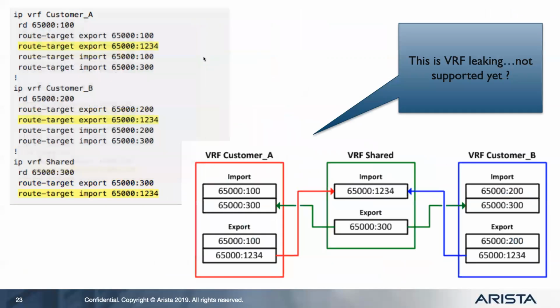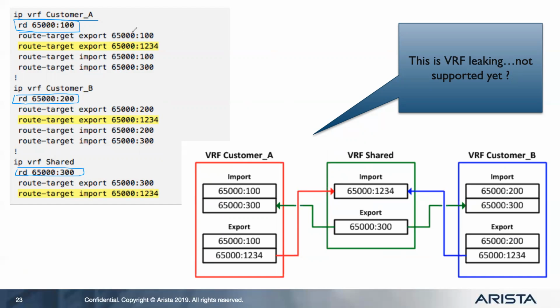So IP VRF customer A. Let's first check the configuration to understand. RD for this is 65,100. RD for B is 65,200 and the shared VRF is 65,300. Okay, three VRFs, three RDs.